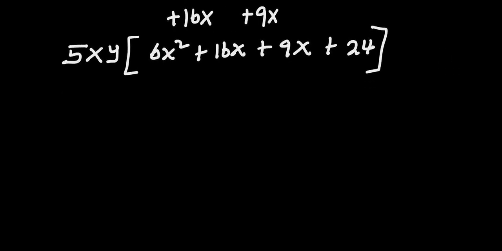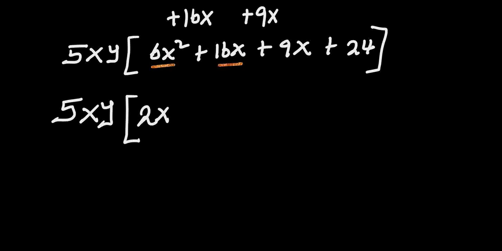So within the block bracket, we have four terms. And to factor these, we have to factor them in twos. So let's find the GCF of 6x squared and 16x. So the GCF of these would be 2x. So write 5xy outside the block bracket, and then we have the block bracket here. So this will be 2x.